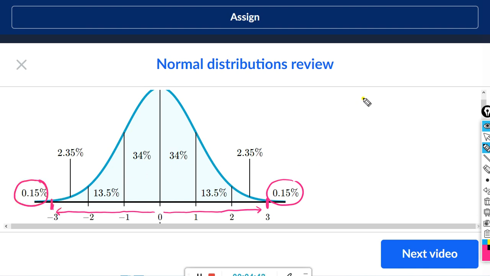The whole thing is 100%, but if we subtract 0.15 and subtract 0.15 again, that is the same as 100 minus 0.30, and that is 99.7%.